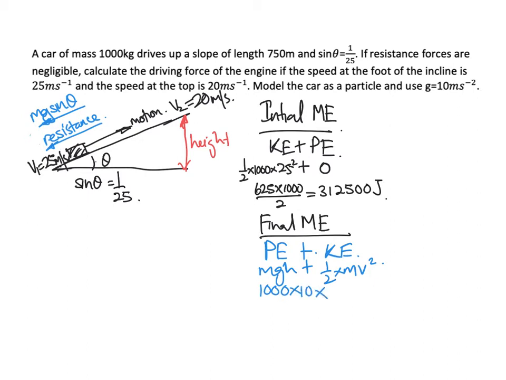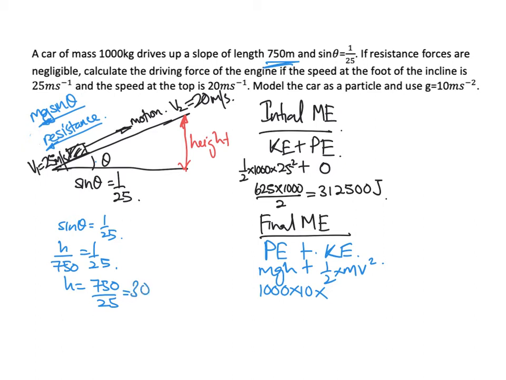Height is opposite over hypotenuse, and the hypotenuse is given as 750. Sine theta equals 1/25, so h over 750 equals 1/25. Therefore h equals 750 divided by 25, and the answer is 30 meters.